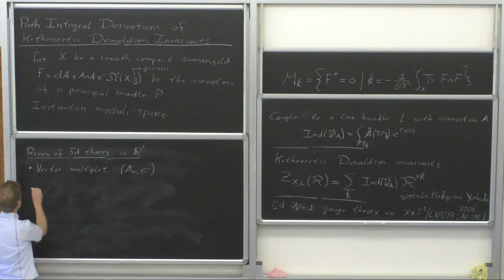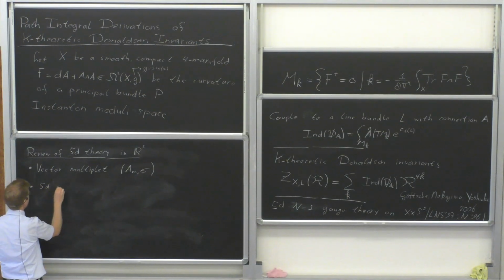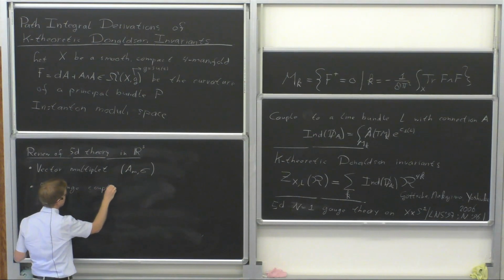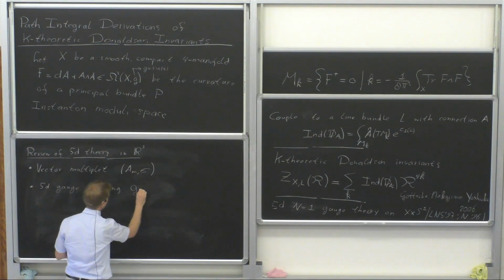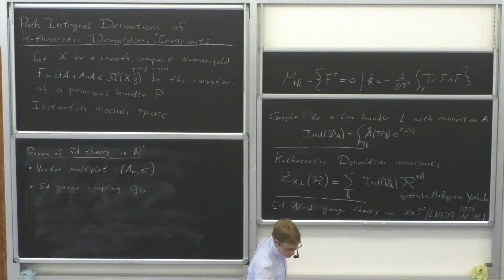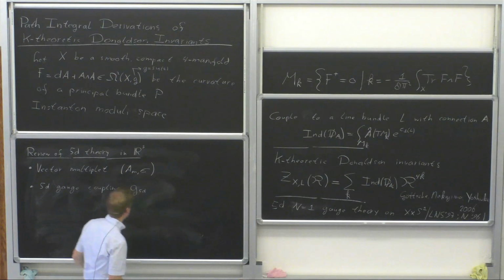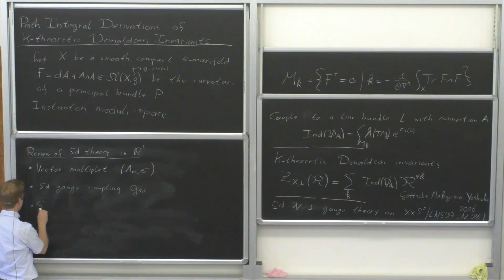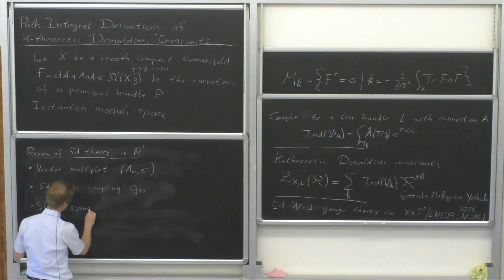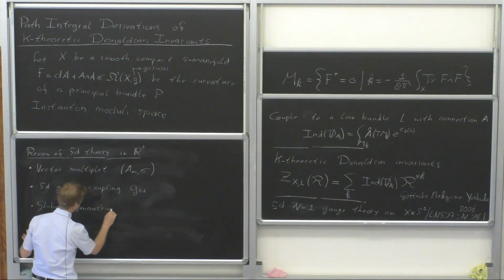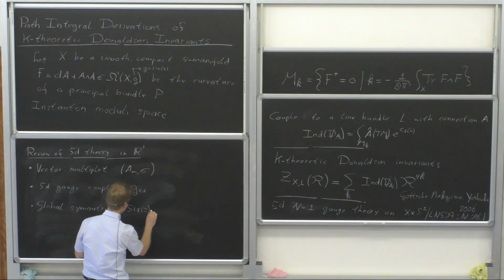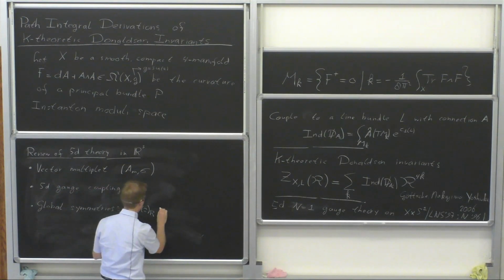And we have the 5D gauge coupling, g_5D. And we have the following global symmetries. So we have an SU(2)_R symmetry.